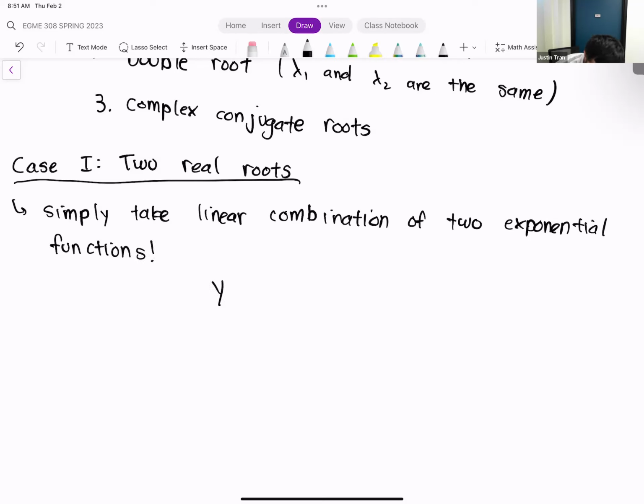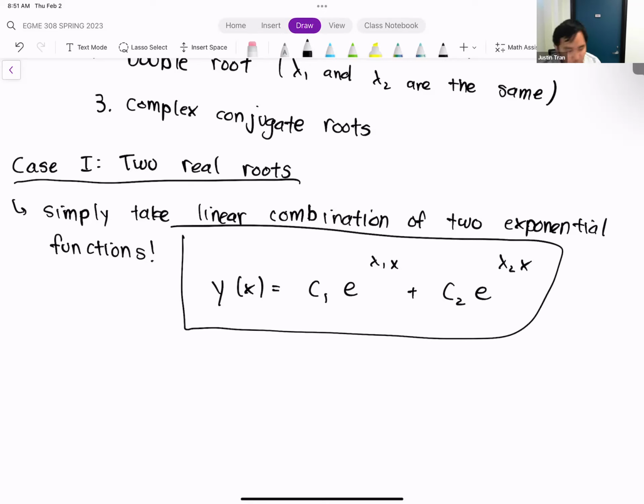So our solution looks like C1 e to lambda 1 x plus C2 e to lambda 2 x, and there's nothing we need to change because lambda 1 and lambda 2 are real numbers. Of course, to complete the problem, you would be given initial conditions and use them to solve for C1 and C2.